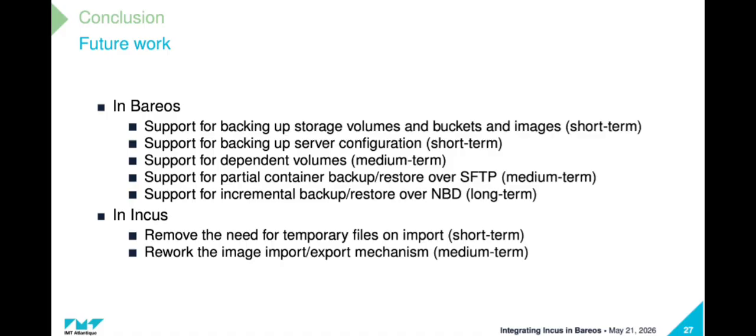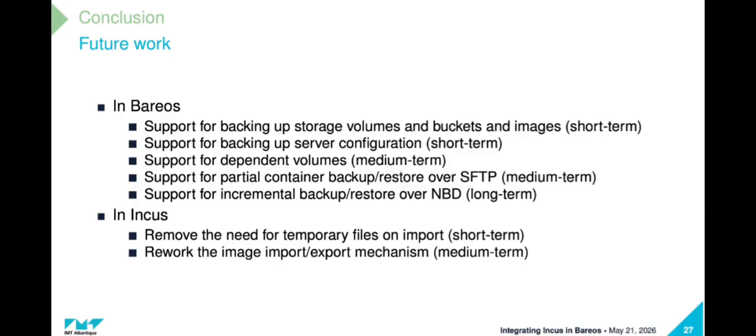And we have several things that are a bit more technical. I will not be talking about dependent volumes, because if you're not an Incus user, it's not something that will really mean anything to you. But there's a limitation currently in the plugin: you can only perform full backups and incremental backups.